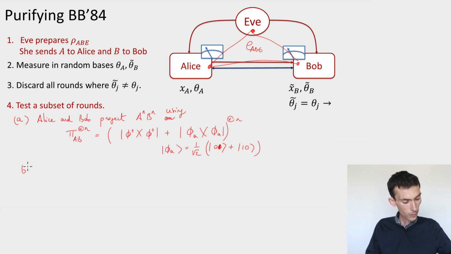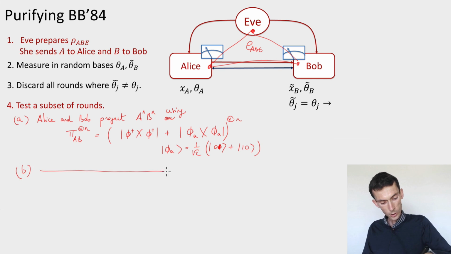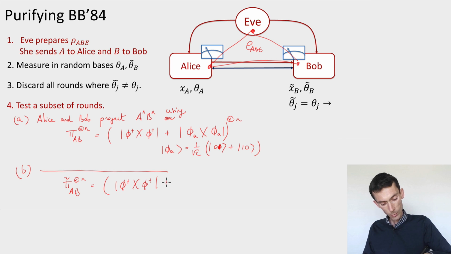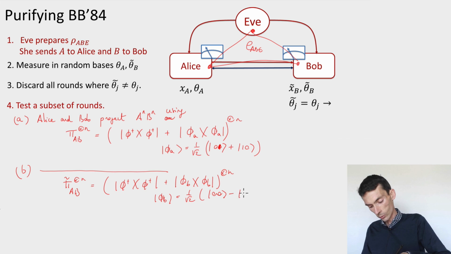And part B of the protocol is they do the same thing, but now they use another projector, let me call it pi tilde AB tensor n, which is the projection on phi plus and phi B, another of the Bell states, where now phi B is equal to 1 by root 2, (0,0 minus 1,1).